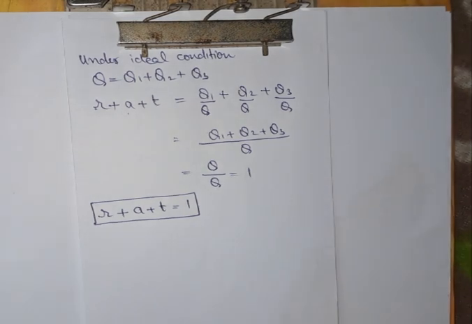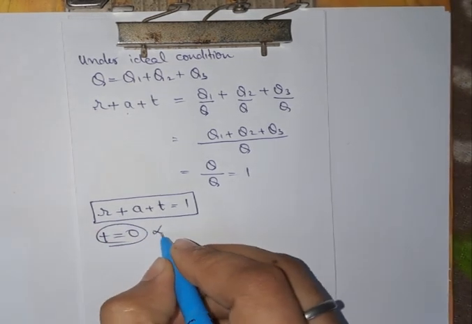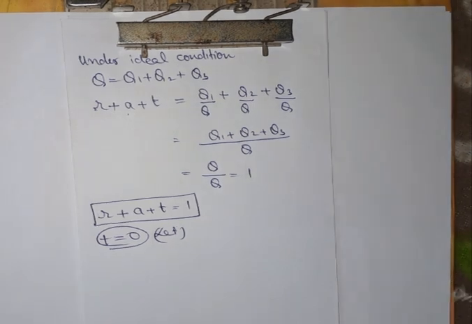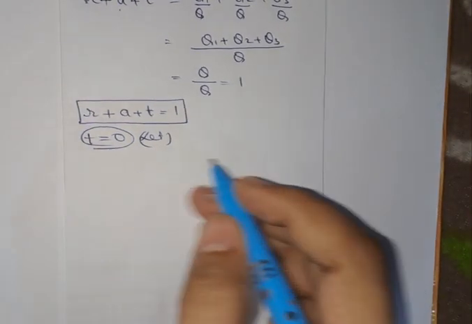Now let us suppose that the body transmits no energy. The absorption is done, the reflection is done, but transmittance is not done by the object.